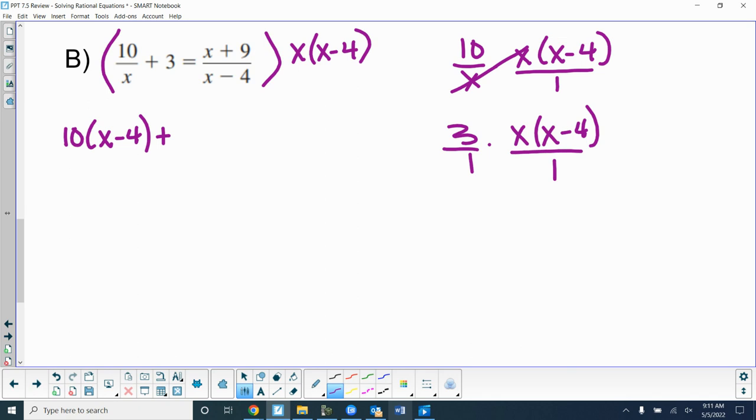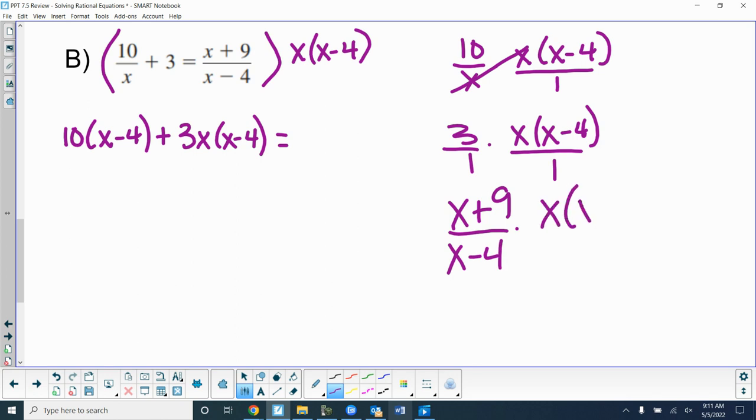Does anything get canceled? No. So it's just 3x times X minus 4. My other problem is X plus 9 over X minus 4 times the same common denominator. What cancels? X minus 4. So now I got X times X plus 9, right?